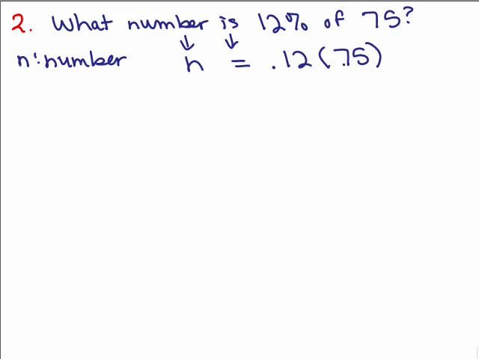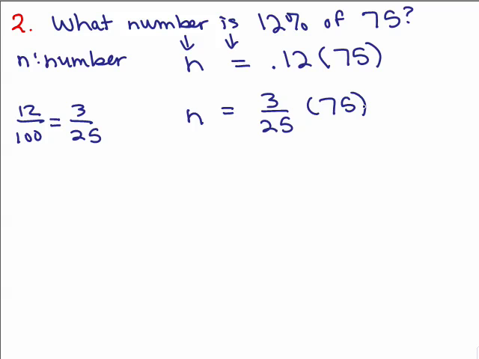You could get out a piece of paper, multiply it out, use a calculator, or you could write 12 hundredths as a fraction and reduce it, dividing the top and bottom by 4, which is 3/25ths, times 75, which is how I do it almost always because I never have a calculator handy and I'm used to using my brain, which I think is really helpful. Keep those skills up so you get the answer of 9.